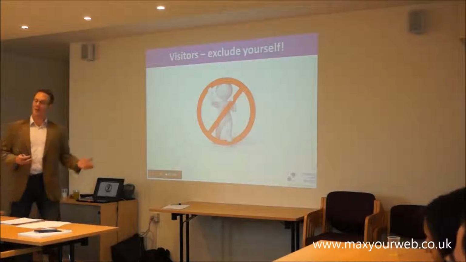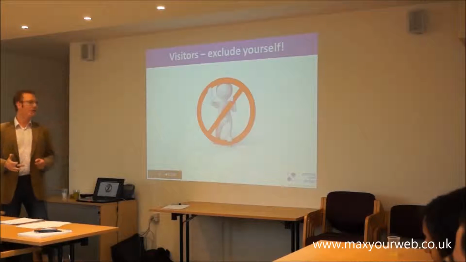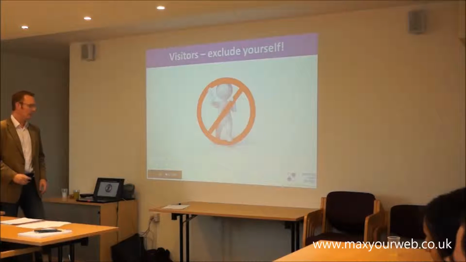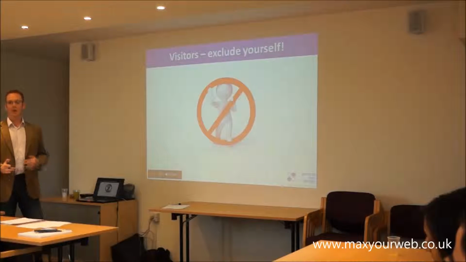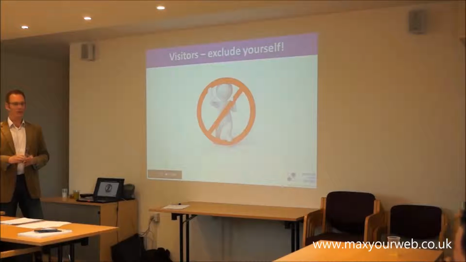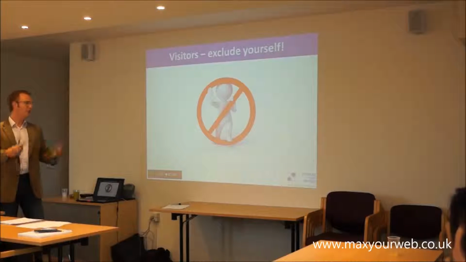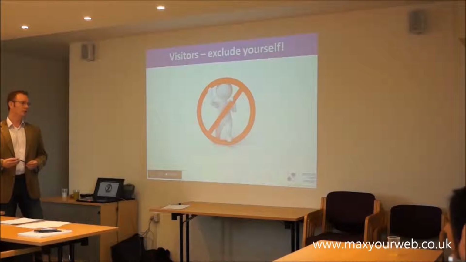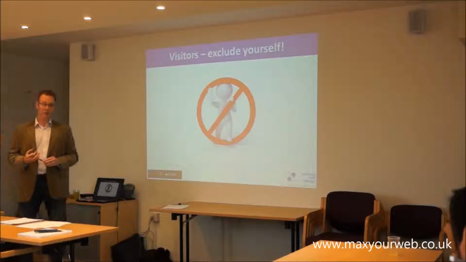So you need to exclude yourself so it's not counting you in the statistics. There's a setting within there where you can just exclude your own IP address. If you need to find out what your IP address is, you just type into Google, what is my IP? It's just ipaddress.com. And that'll tell you what your IP address is. Put that into Google Analytics, and that will exclude you yourself.